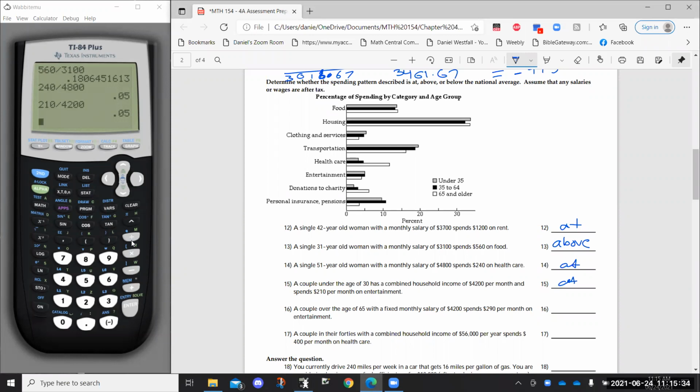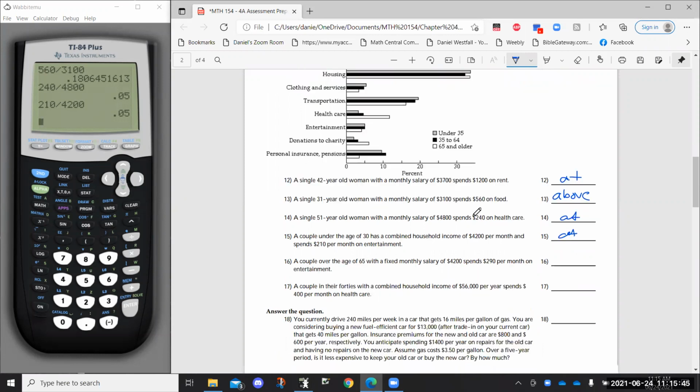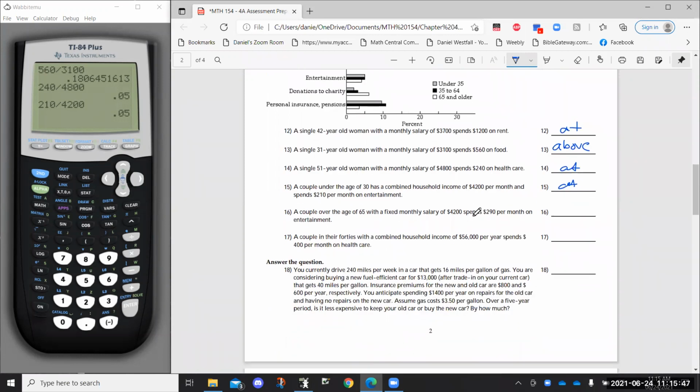And then over the age of 65, so we're up here, fixed monthly income of 4,200, spends $290 on entertainment.